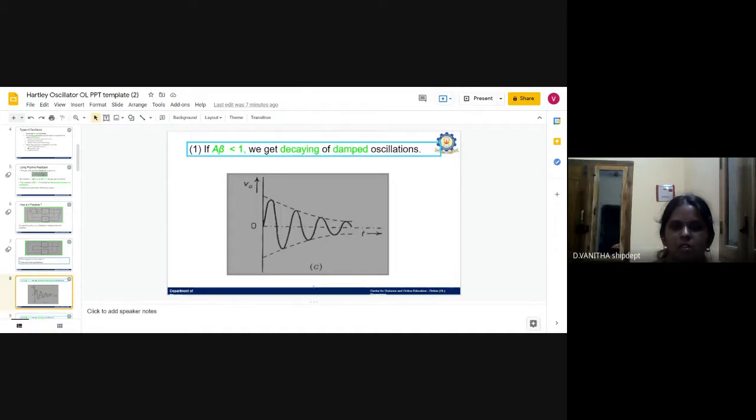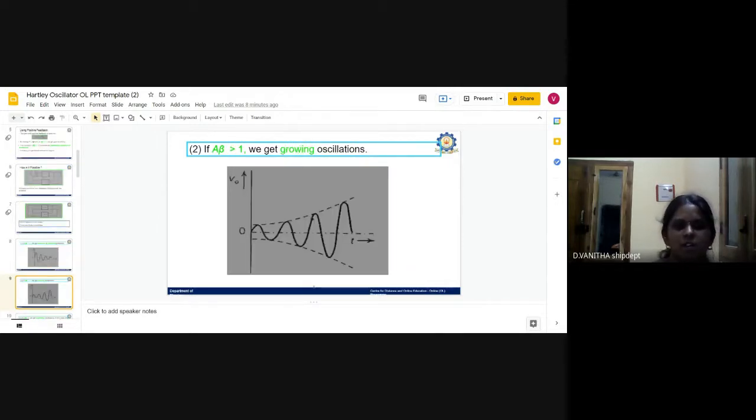Damped oscillations means the amplitude of oscillations decreases gradually with increasing time. So they are called damped oscillations. Here the damping force is introduced in the oscillations. The damping force can be air or any other medium.